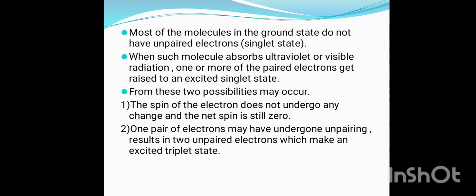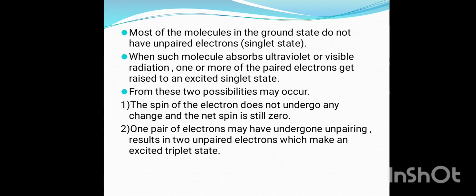Most of the molecules in the ground state have paired electrons. When these absorb UV light, one or more of the paired electrons get excited to the singlet state. In the excited singlet state, there are two possibilities.